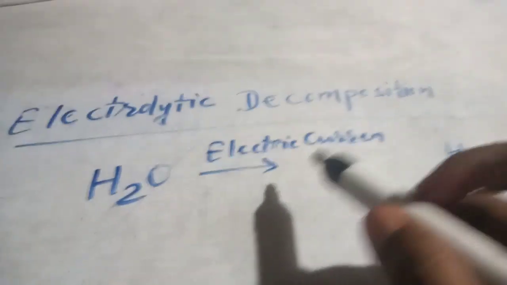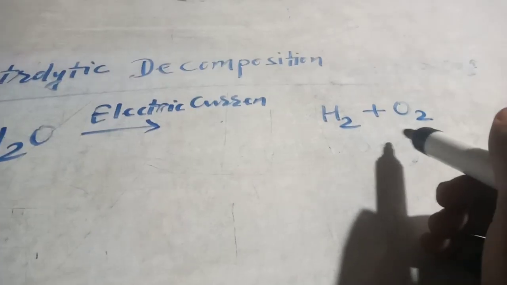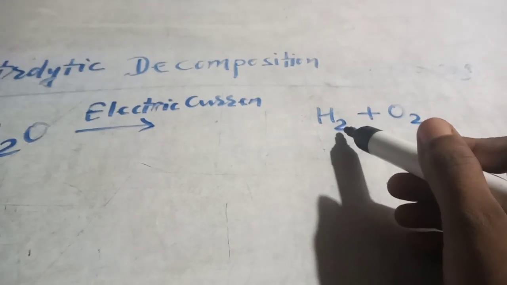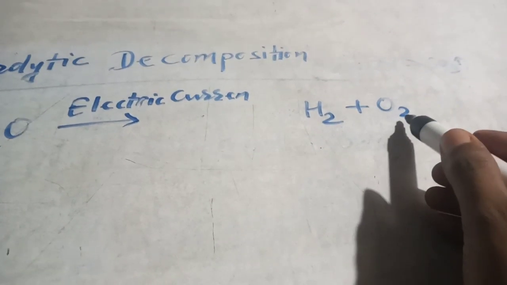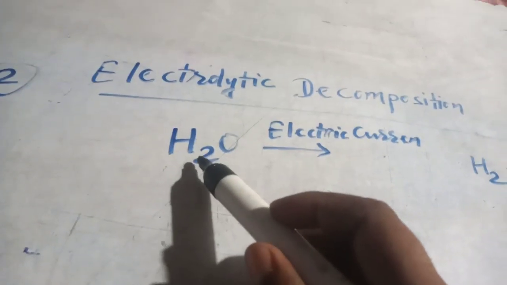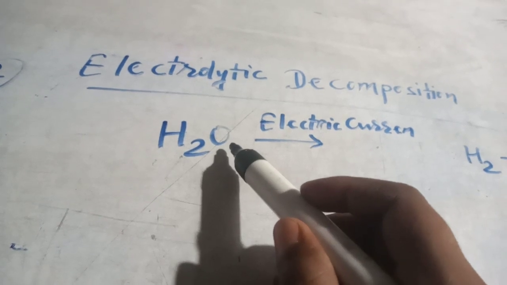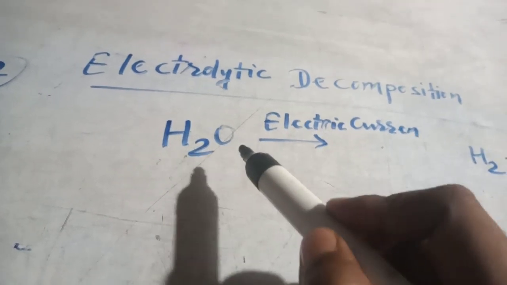So now let us see whether the reaction is balanced or not. Here the number of hydrogen is 2 and the number of oxygen is 2. Here the number of hydrogen is 2, but the number of oxygen is 1.